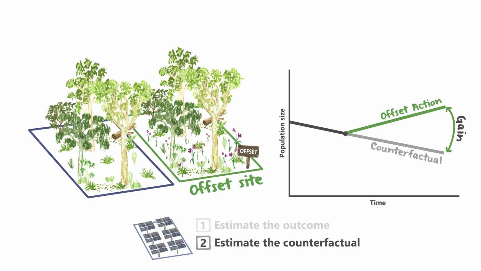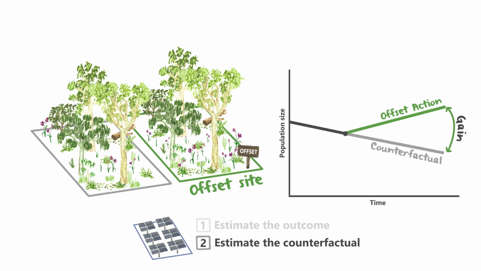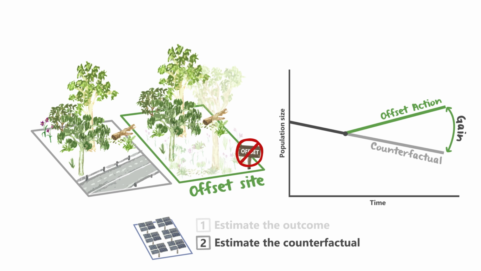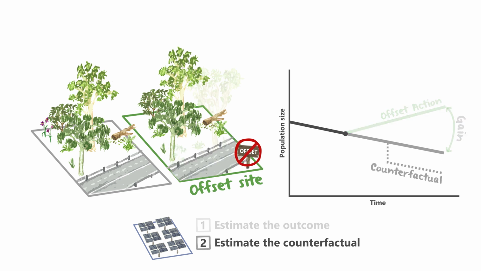So, if other similar sites where our plant occurs are being impacted by road development, this might make us think that if we didn't protect and manage our offset site, there is, for example, a 50% chance that over the next 10 years our site would be lost for road development.